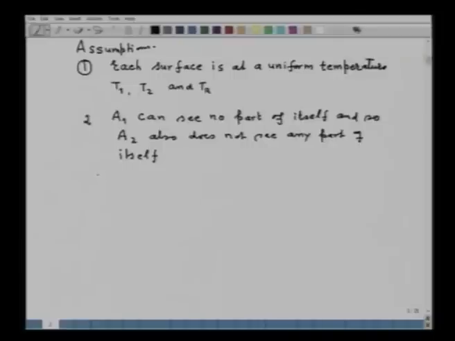The assumption number 3: the refractory surface, whose area we have represented by AR, does not allow heat loss.